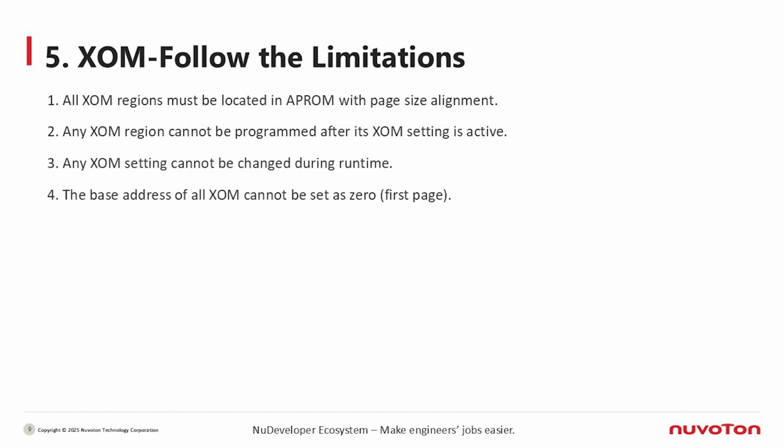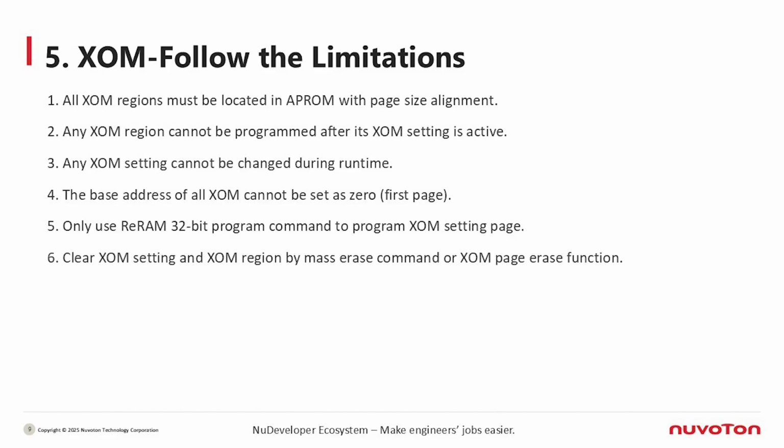The base address of all XOM cannot be set as 0, first page. 5. Only use ReRAM 32-bit program command to program XOM setting page. 6. Clear XOM setting and XOM region by mass erase command or XOM page erase function. 7. User must restart ReRAM initialization to activate any new XOM setting.